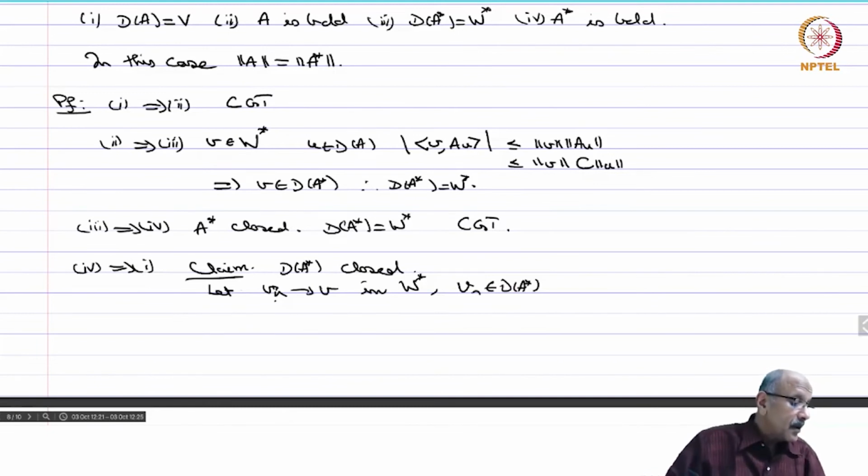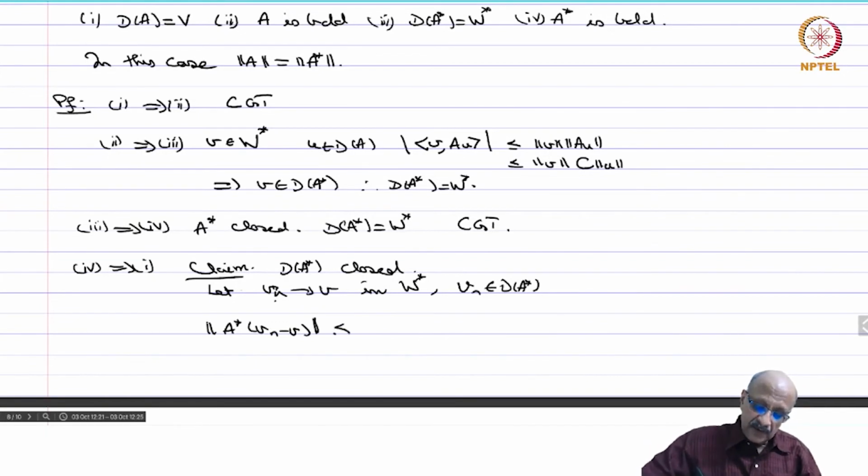Then the norm of A star Vn minus A star Vm is less than or equal to C times the norm of Vn minus Vm, because A star is bounded.